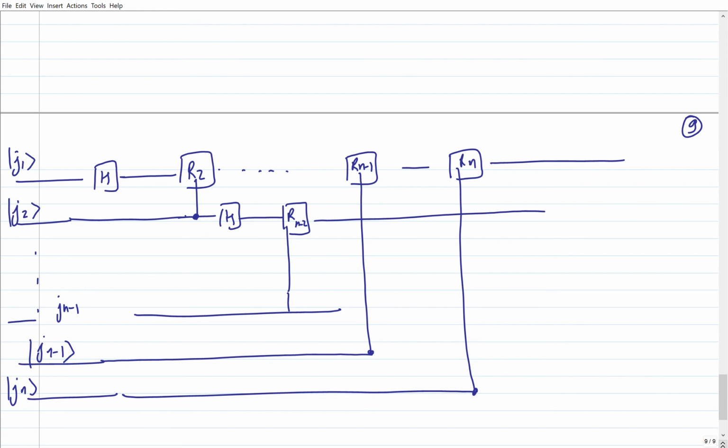And finally on the last guy I'll have just the Hadamard over here. On the second last guy I have the Hadamard and something coming from here. So that's in a sense the idea.